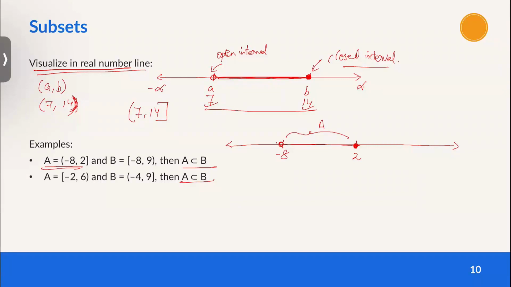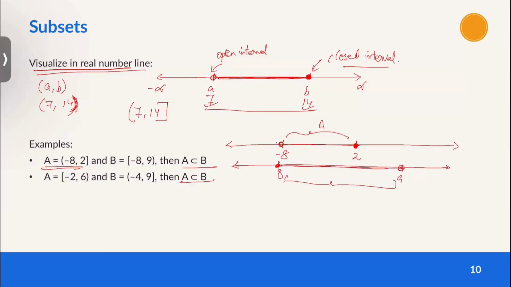What is set B? Let us draw another line. In set B, 8 is included, so we'll draw a darkened circle here, and 8 is included till 9. So 9 is not included, a hollow circle here. We'll write it like this, right?